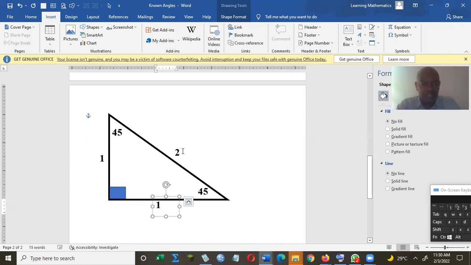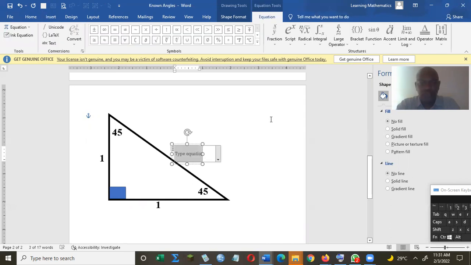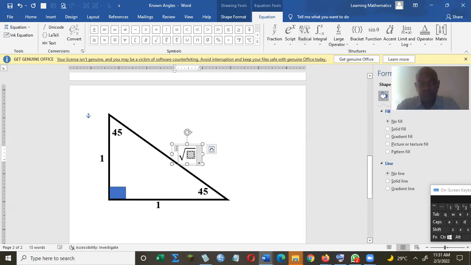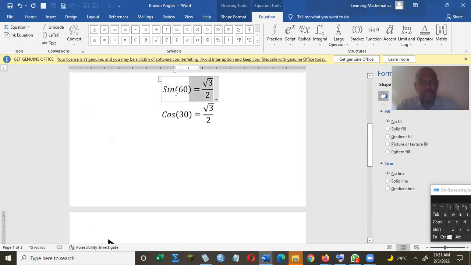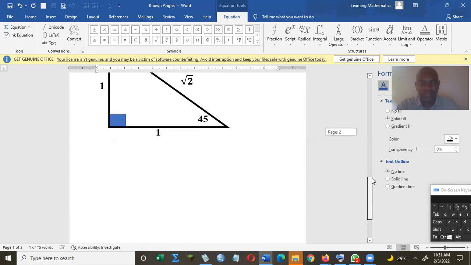And then the hypotenuse will be the square root of 2, because 1 squared is 1, 1 plus 1 is equal to 2. So you have root 2 as the hypotenuse. Okay, and from there you can say sine of 45 is 1 over root 2. Cosine of 45 is 1 over root 2. Tan of 45 is 1.